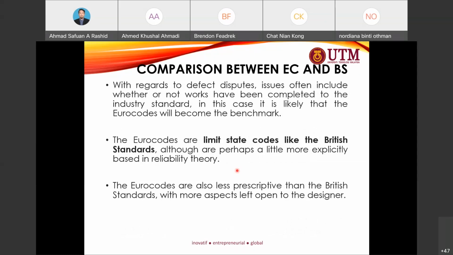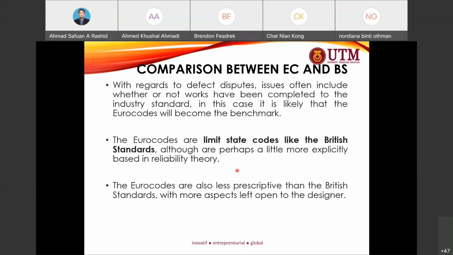With regard to defect disputes, issues often include whether or not work has been completed to the industry standard. In this case, it is likely that the Eurocode will become the benchmark. The Eurocodes are limit state codes like the British standard, although perhaps a little more explicitly based on reliability theory.